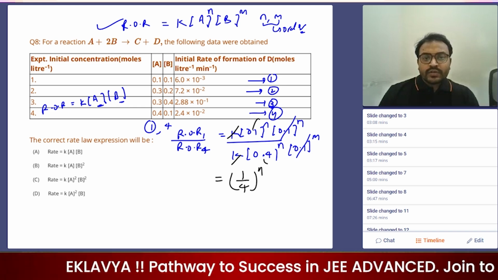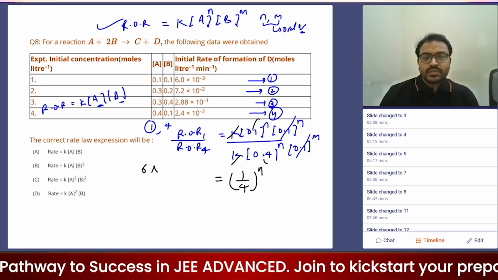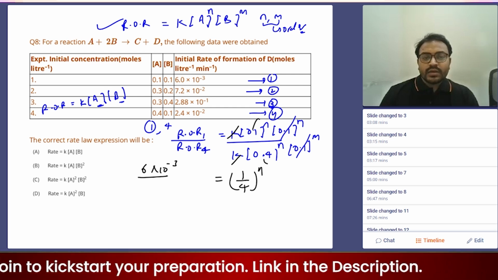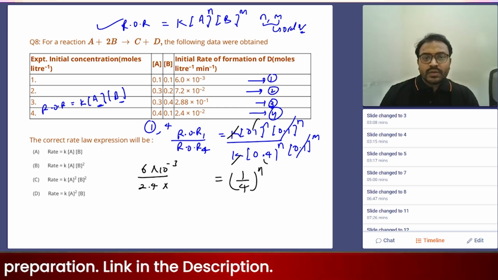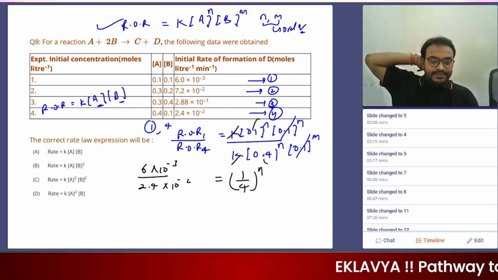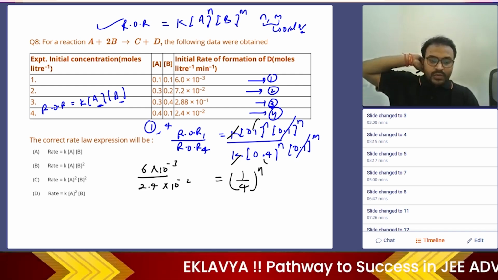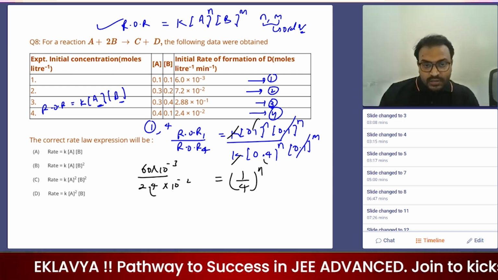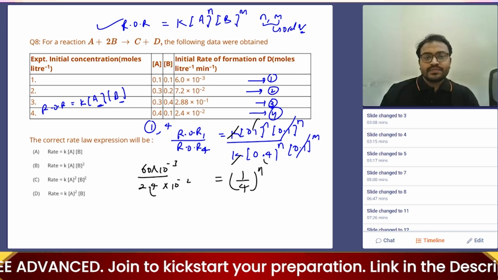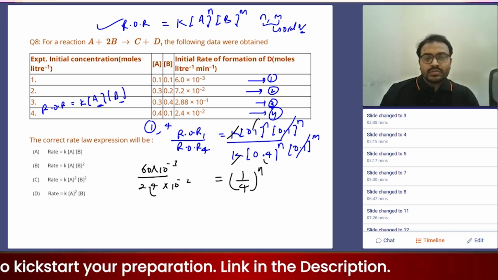And the rate of reaction for the first is given as 6 into 10 to the power of minus 3, divided by, for the fourth one, 2.4 into 10 to the power of minus 2, right? After solving this, we can remove this point, we can write here 0, okay?